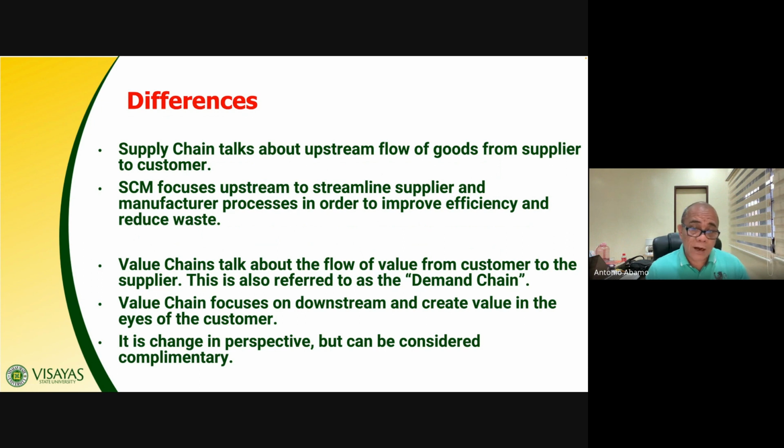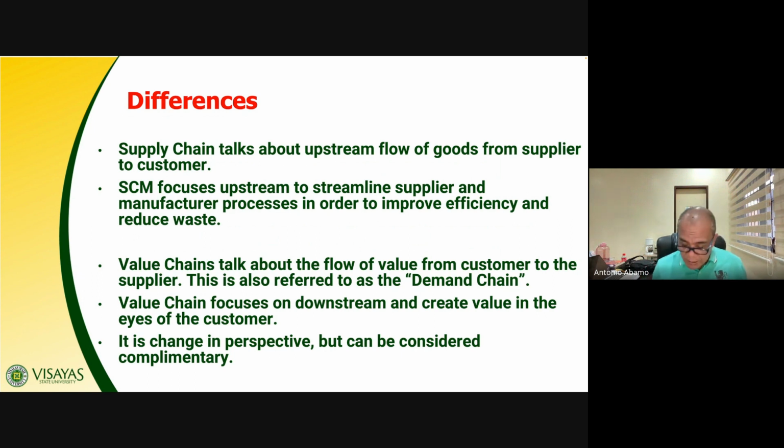But they are actually considered complementary because if there is a well-defined market specification, well understood across the different segments up to the upstream end, now the supply chain will make sure that it will reach the final customer at the most efficient route, or in the most efficient possible way.